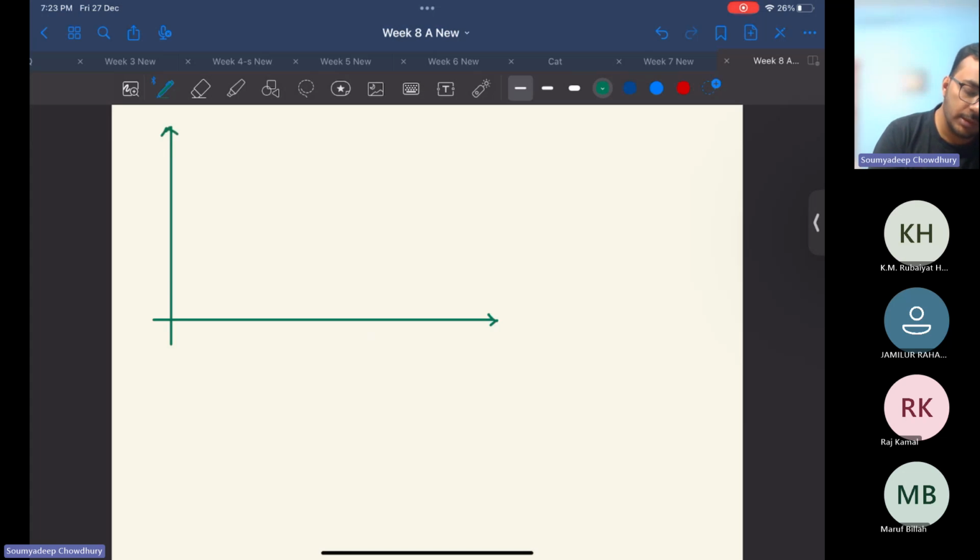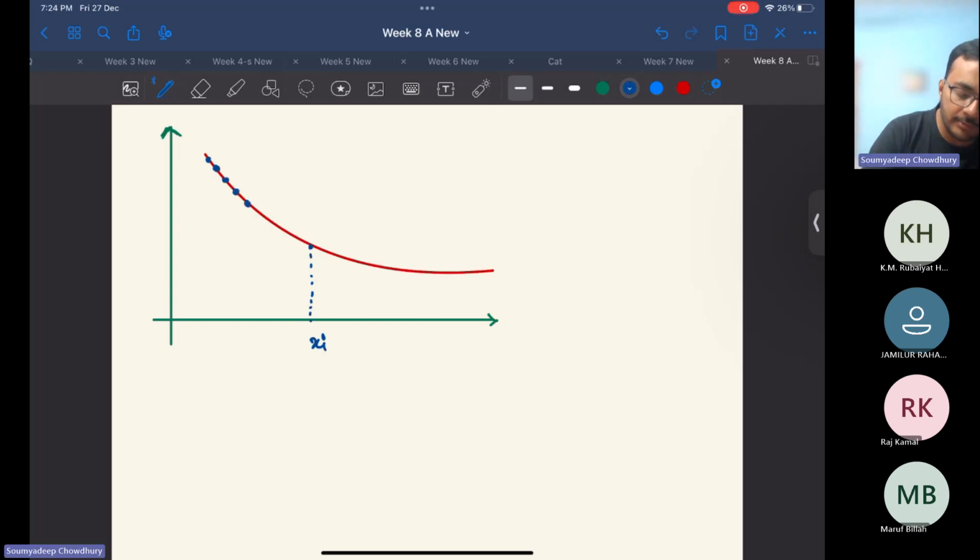Suppose we have a function like this, and you want to find the value of the derivative at this particular point. Say at xi, I want my value. So what we do is we divide this function into different discrete points, right?